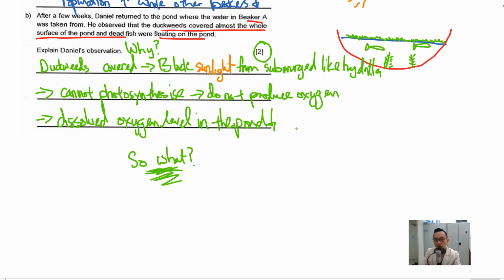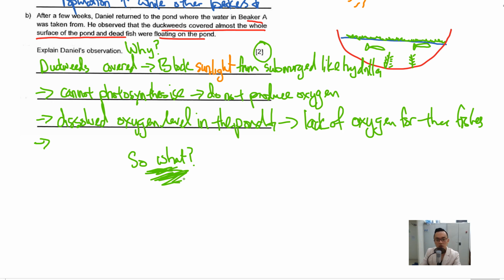And so what if the dissolved oxygen levels in the pond will decrease? Lack of oxygen for the fishes. And so what if they have lack of oxygen for the fishes? The fishes will die. Okay, so you need to get this train of thought.